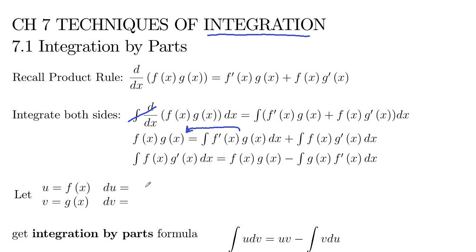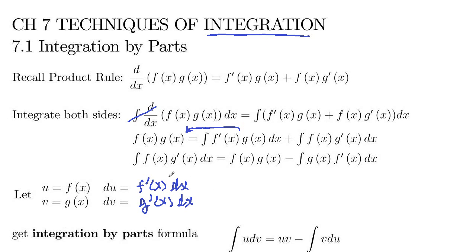So now I'm going to do a u substitution. I'm going to let u equal f of x and v be g of x. Then my differential will be du equals f prime of x times dx. And then if v is g of x, then dv is going to be g prime of x times dx.